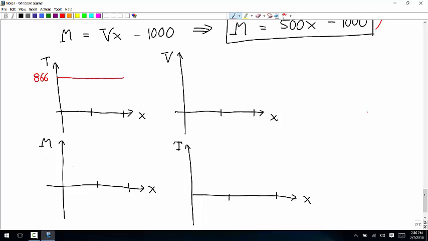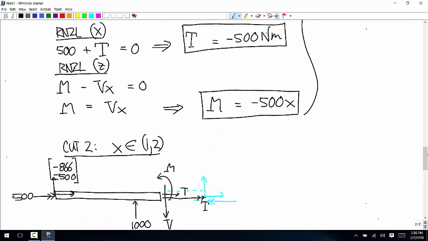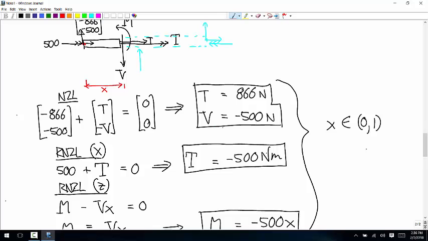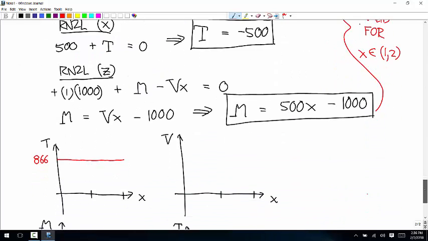And now we'll look at the shear force. On the first half, we have a shear force of negative 500. On the second half, we have a shear force of positive 500.